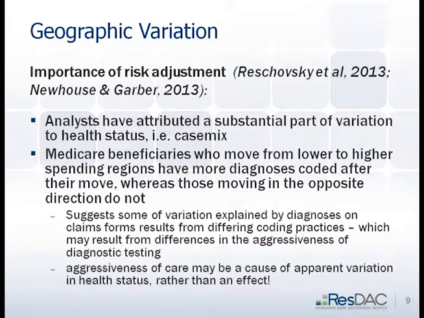They looked at Medicare beneficiaries who moved from lower to higher spending regions and found that they have more diagnoses coded after their move. But moving in the opposite direction, from higher to lower, they didn't. So what does that mean? It means that they're running more tests and they're coming up with additional diagnoses.